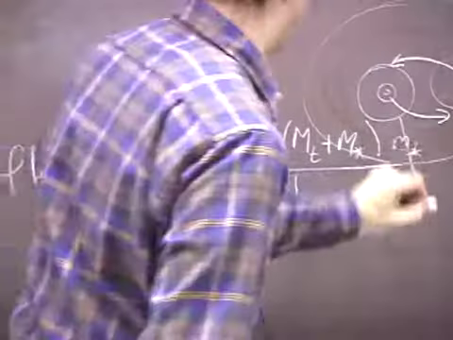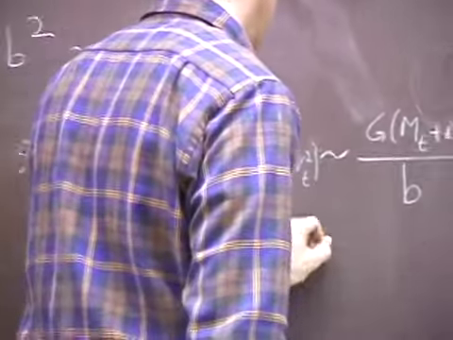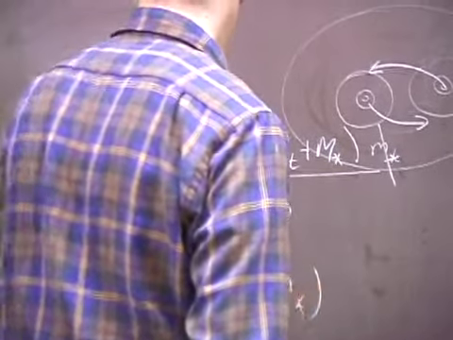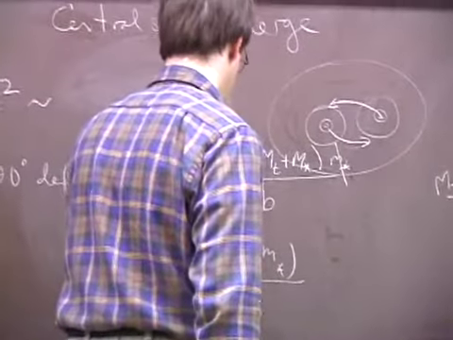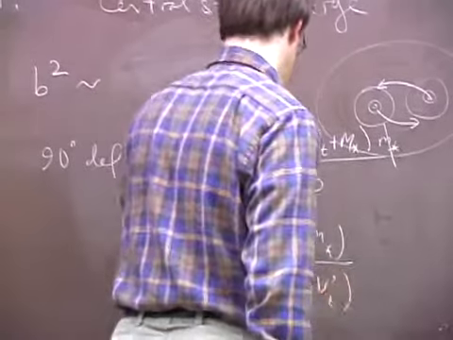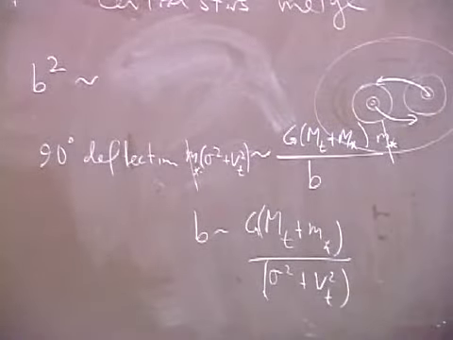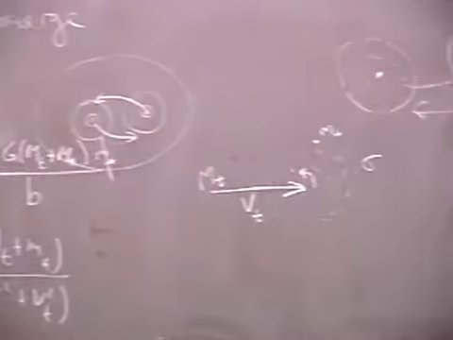So the m_t cancels out, and so we get b is of order. Okay, so that's the estimate of the cross section, and that's the total cross section.